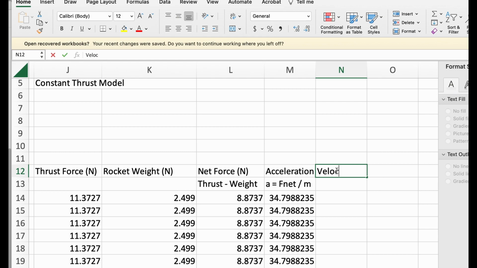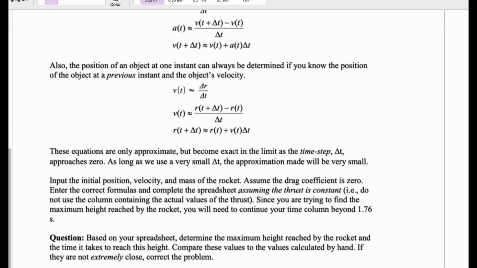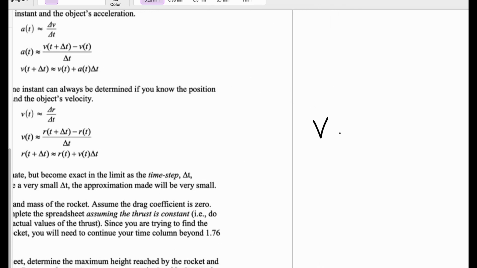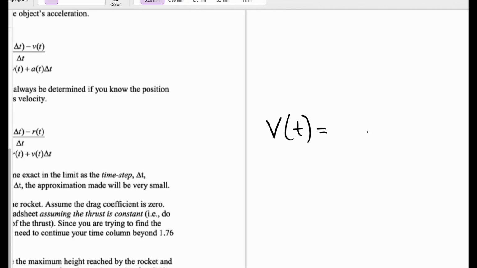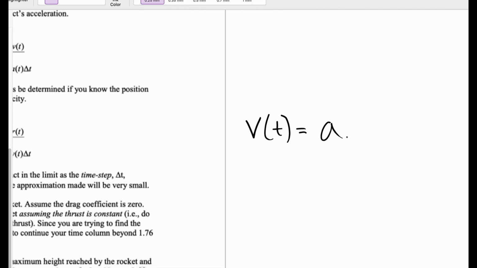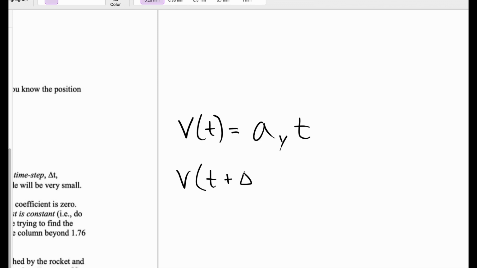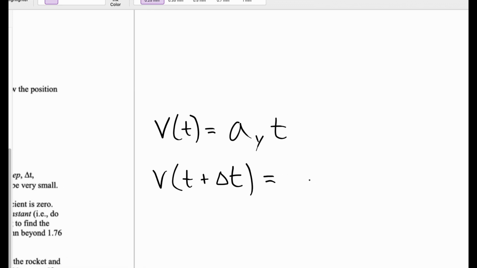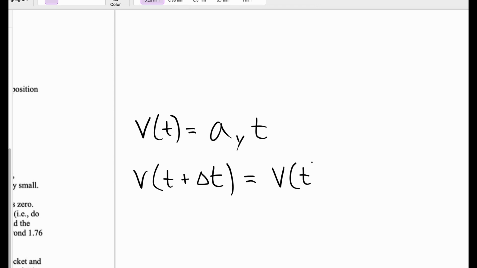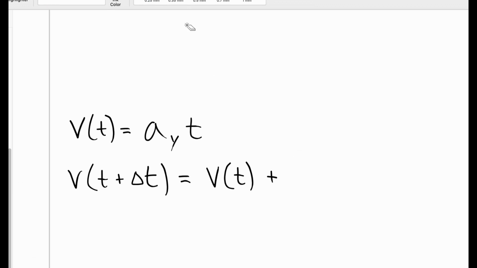Now let's get the velocity. We could, if we wanted, use the formula that v at any given time is going to be the acceleration times the elapsed time, because it's a constant acceleration. But what would be better for building our spreadsheet, something we can use in the future, would be to let the new velocity be equal to the old velocity plus whatever the acceleration was at that old time times delta t.